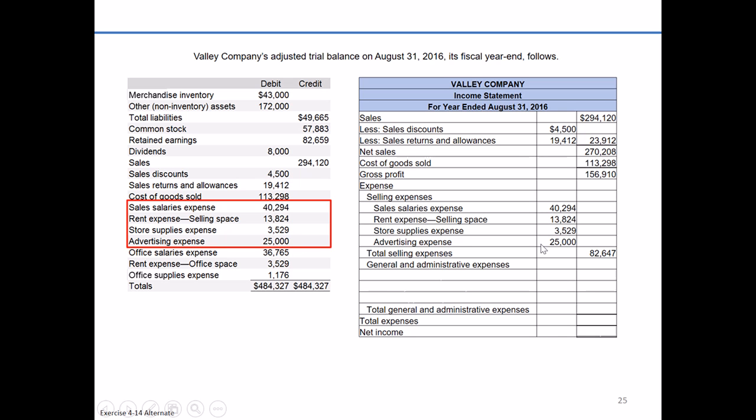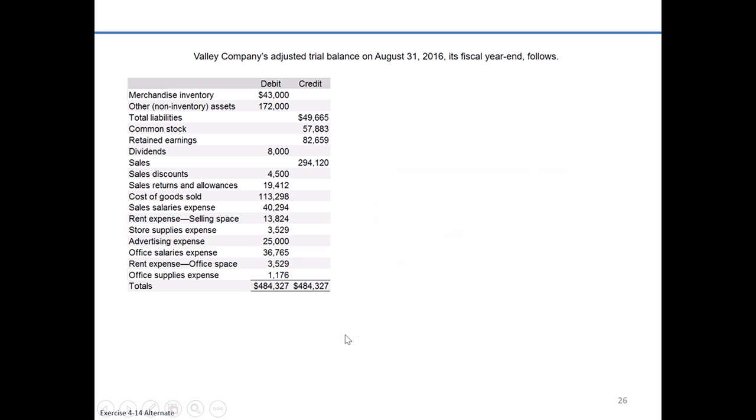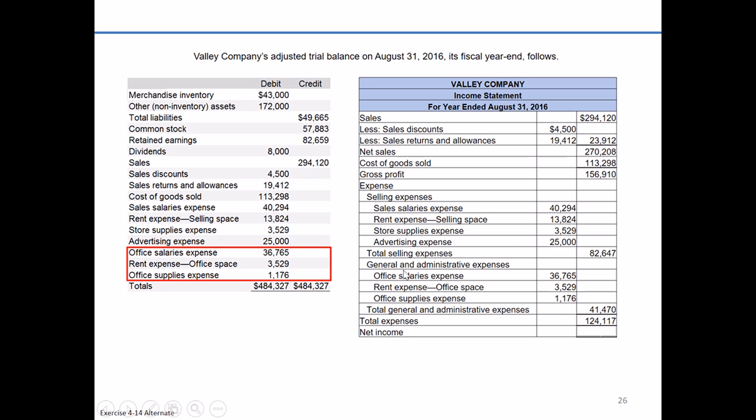If we add the four of those up, we get total selling expenses of $82,647. Now we're not finished. Our next category is going to be general and administrative expenses. It's sort of a bit of a lump sum category of expenses. It's what are all the other normal day-to-day expenses that a business has to support its overall operations outside of the cost of the product, cost of goods sold, and selling expenses.